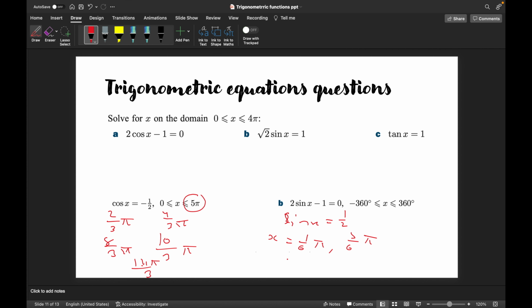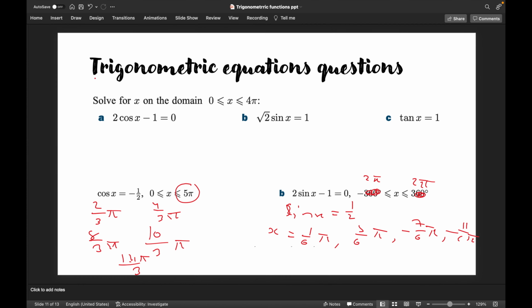We get minus 7 by 6 pi. And then when we do 1 by 6 pi minus 2 pi, we get minus 11 by 6 pi. Okay, now we're done with this question.